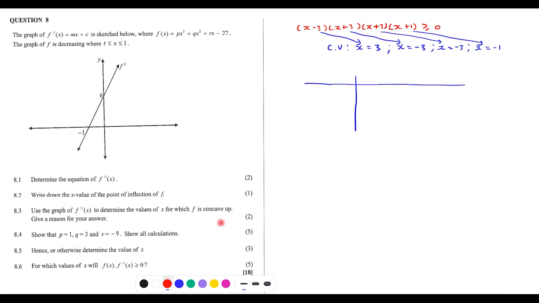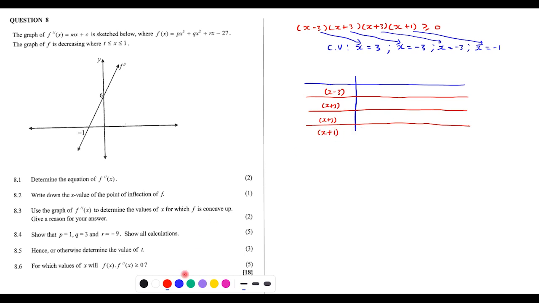The first factor is x minus 3, and I'm going to draw a line like that. Then the second one is x plus 3, draw a line like that. Third one is x plus 3, draw a line like that. And then the last one is x plus 1, and of course draw a line like that.